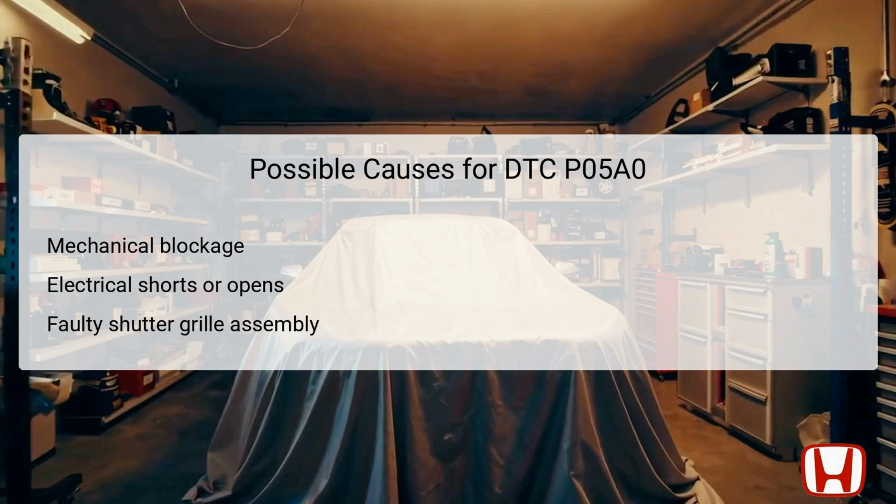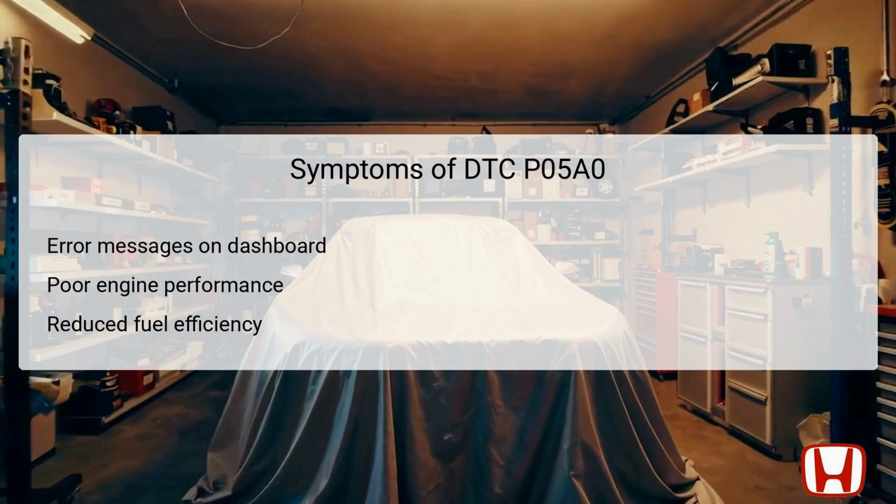When the DTC P05A0 is present, several symptoms can manifest in the vehicle's performance and driver experience. Drivers may observe error messages on the dashboard, indicating a fault with the shutter grille system, often requiring immediate attention.